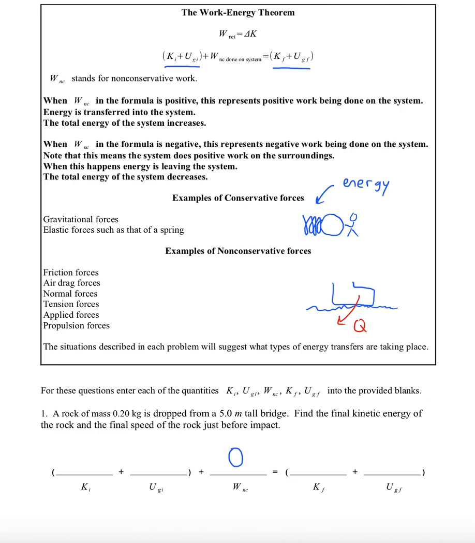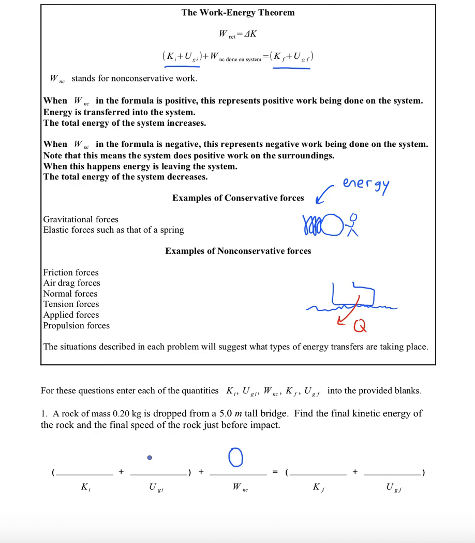Gravitational forces are conservative. So let's first of all use some formulas that would let us calculate some numbers here. They tell you how high the bridge is, and they tell you the mass of the rock.